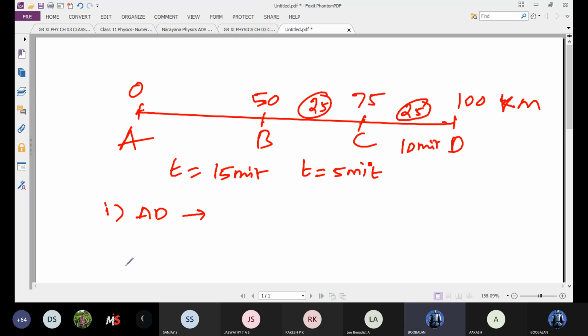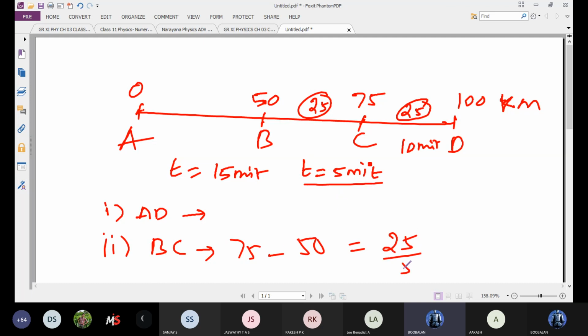In case they are asking only for BC, so B to C alone means 75 minus 50, x2 minus x1 formula. Then 25. The time given is 5, so you should take 5. Finding the velocity means 25 by 5. So 5 meter per second is the answer.